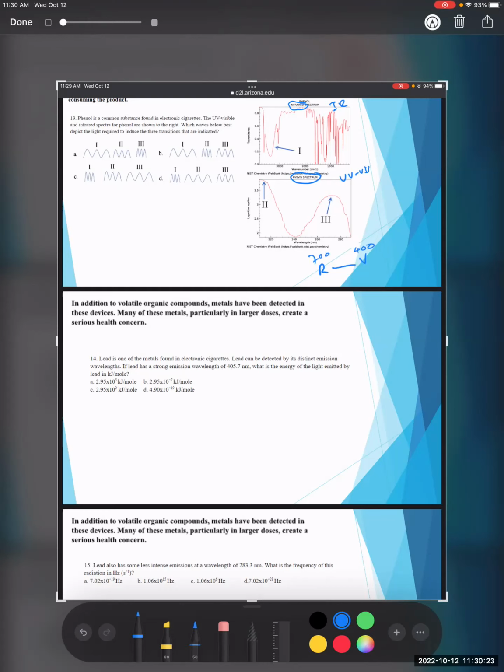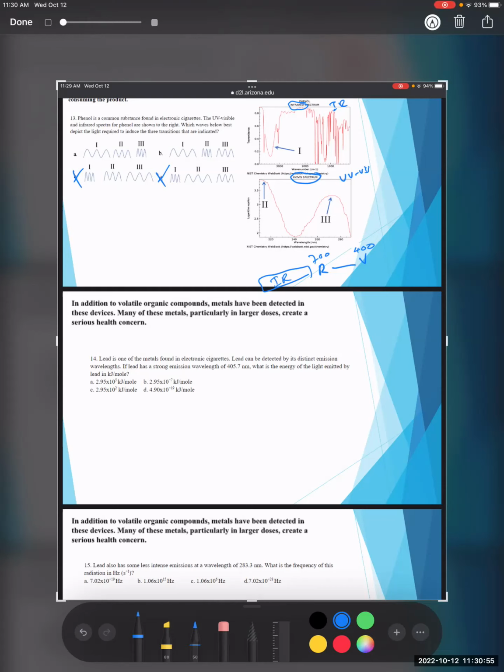So infrared radiation has a longer wavelength than red light, which means lower energy. So 1 should be the longest wavelength, and for that reason we can eliminate option C and option D, because they have a shorter wavelength for wavelength 1. Those 2 are out. And then we need to look at the visible spectrum.